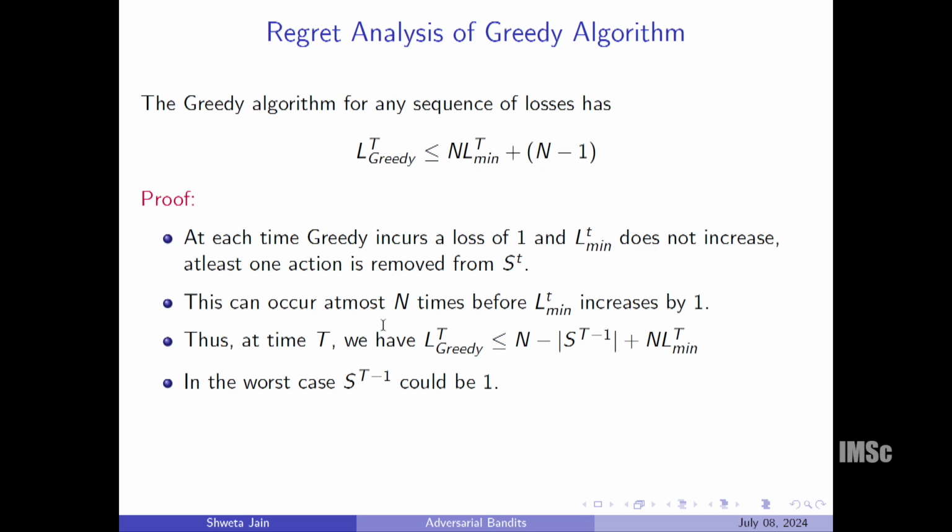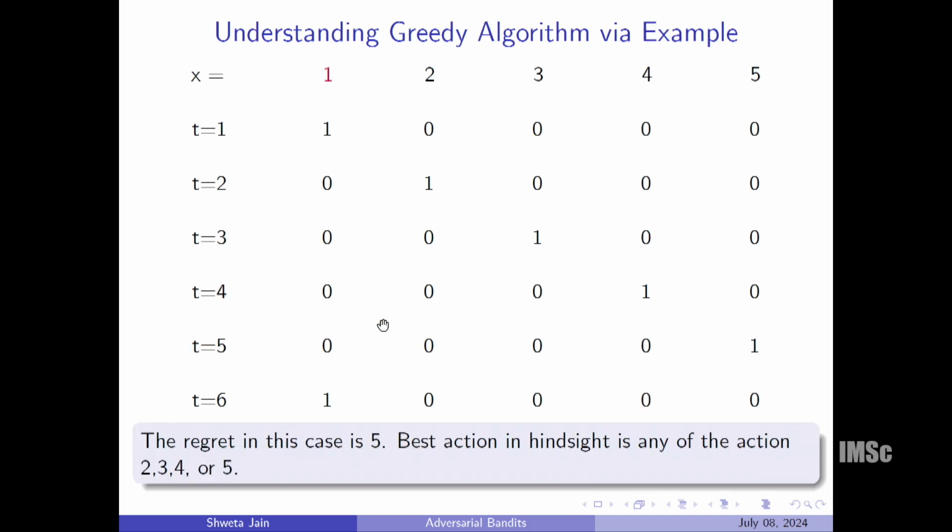Because LT-min is not increasing and you are incurring a loss, but then what will happen? Every time LT-min does not increase, at least you would have eliminated that action from your set. In this case, this is what is happening, right.